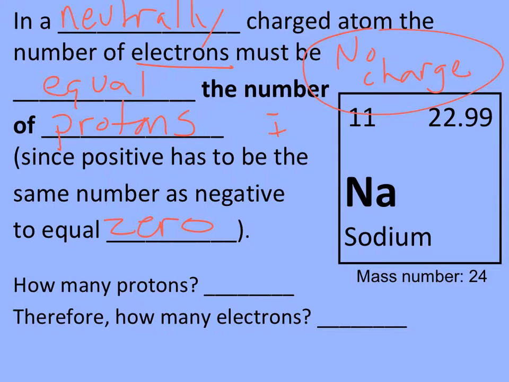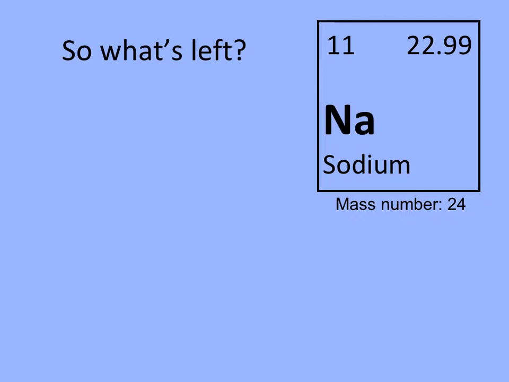So in this problem, it says how many protons do we have? Well, we look at the atomic number to determine the number of protons, and that is right there given to us, 11. So if we have 11 protons, we automatically know that we have 11 electrons as well. So going forward, we can determine the number of protons and electrons by looking at the atomic number.